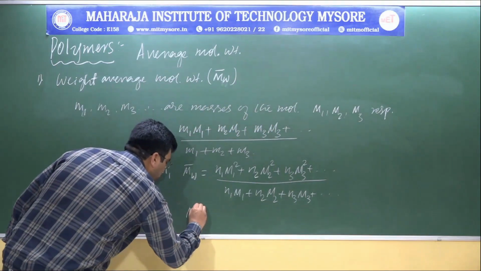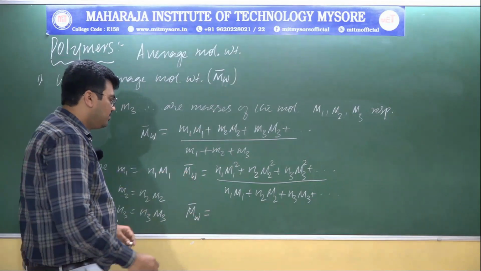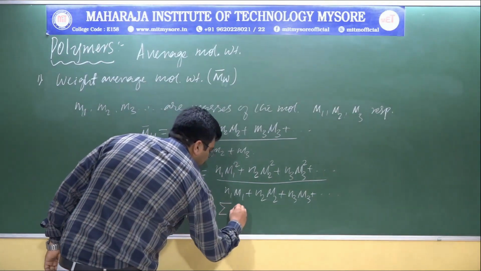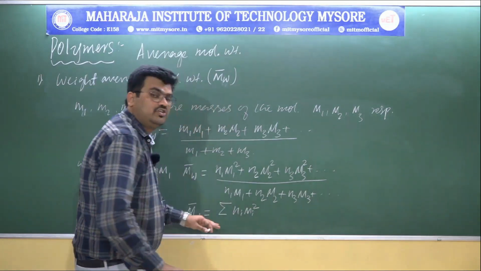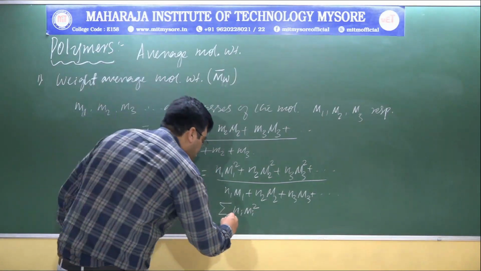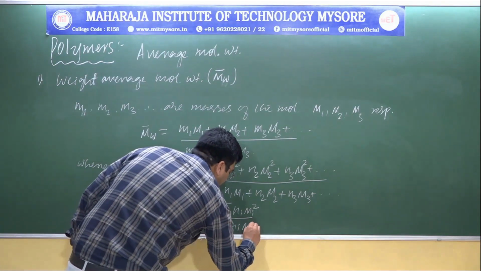So in simple words, this weight average molecular weight can be given as the summation of ni mi square, divided by summation of ni mi.